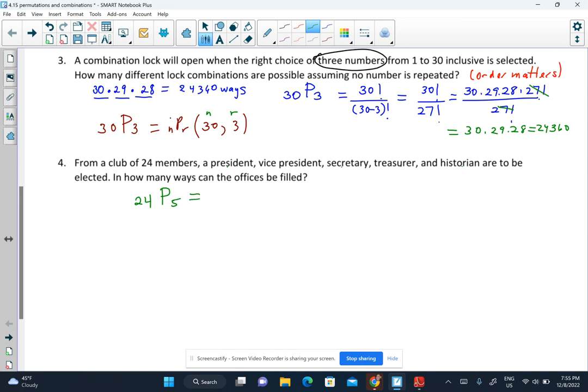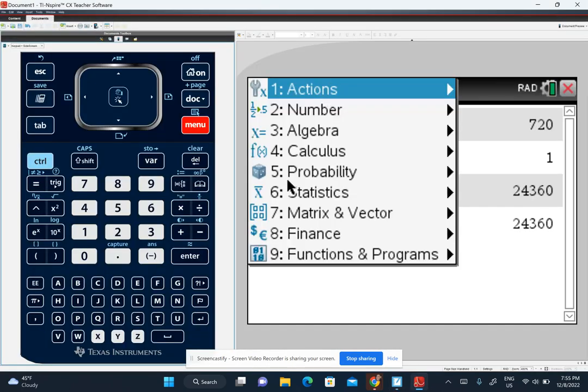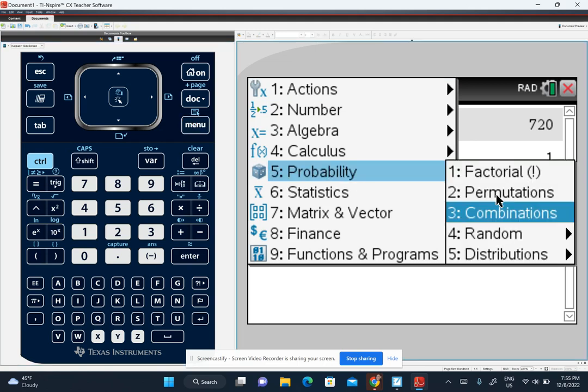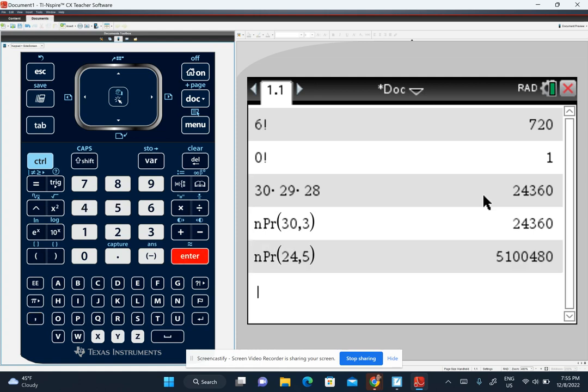So let's just enter this in the calculator. In the calculator, you would go N, P, R, and in parentheses, 24, comma 5. That's just how you enter it in the calculator. Remember, this is N, this is R. N is always to the left. So you would do menu, probability, permutations, 24, comma 5.